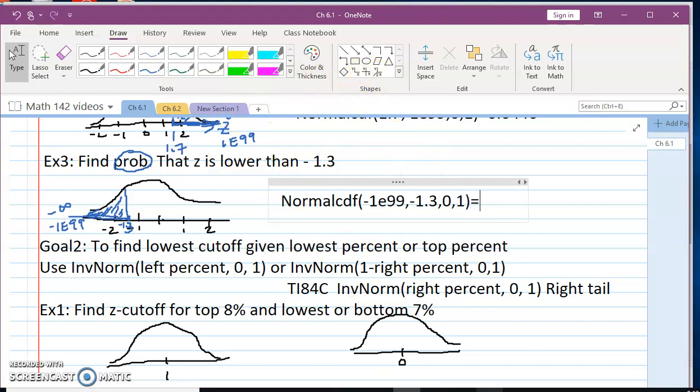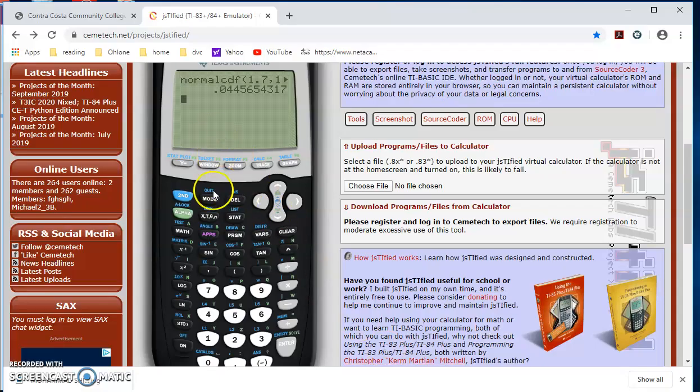What's the answer? So go to the calculator, clear everything, second distribute, normal CDF. Lower is negative 1, second comma for E, 99, and then what was it, 1.3? 0, 1, paste. Press enter: 0.9032.